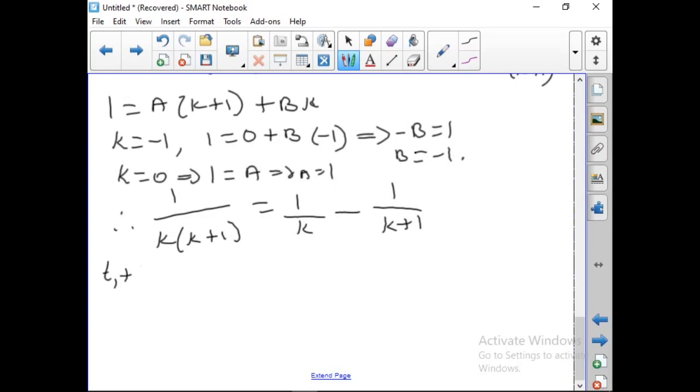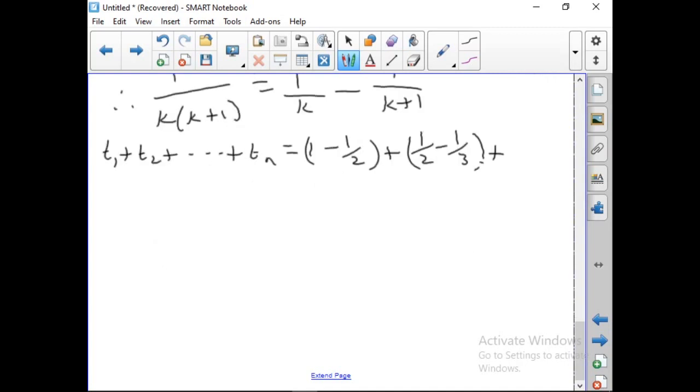So t1 plus t2 plus etc up to tn will become as, எப்படி எழுதிடலாம்? 1 minus 1 by 2 எழுதிடலாமா? Next one will be 1 by 2 minus 1 by 3. The next term, 1 by 3 minus 1 by 4 plus etc.